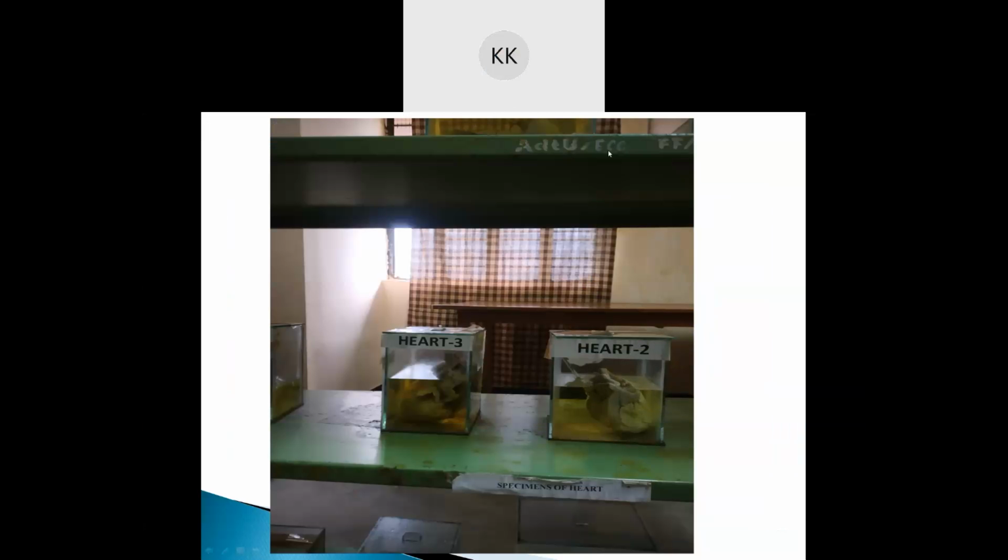The heart has three layers: epicardium, myocardium, endocardium. As for location, the heart lies in the thoracic cavity in the mediastinum, the space between the lungs.